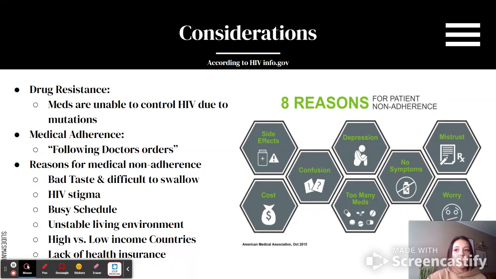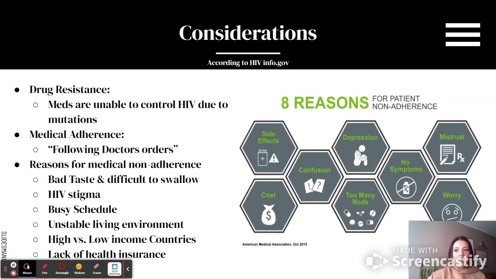Medical adherence refers to starting a treatment, taking the medications timely and in a precise routine, and going to all your medical appointments. So if an individual adheres to their medical plan, the risk of drug resistance is decreased. And there are many reasons why an individual may not adhere to their medical plan.